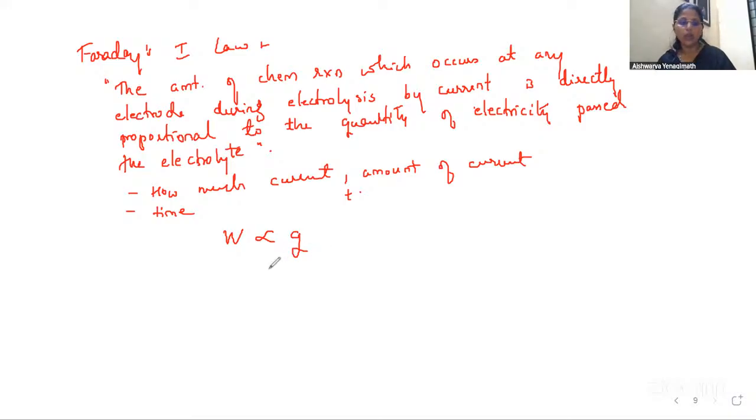You know from physics that Q is equal to I into T. So W is directly proportional to I into T, where W is the weight of the component getting deposited on the cathode. This is Faraday's first law.